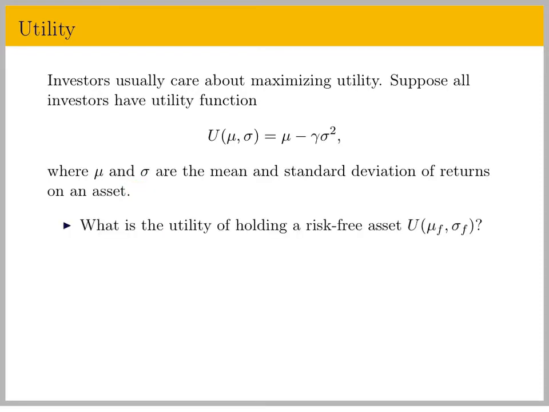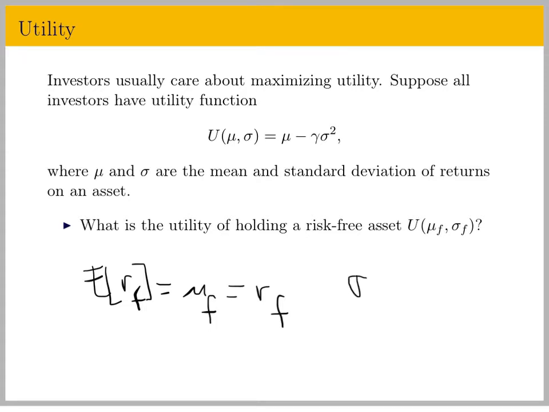Now, we can ask ourselves, what is the utility of holding the risk-free asset, the risk-free paying a mean mu sub f and having a volatility sigma sub f? Well, we know from the previous lecture that the expected value of the risk-free asset is by definition mu sub f, that is equal to r sub f because there's no variability.